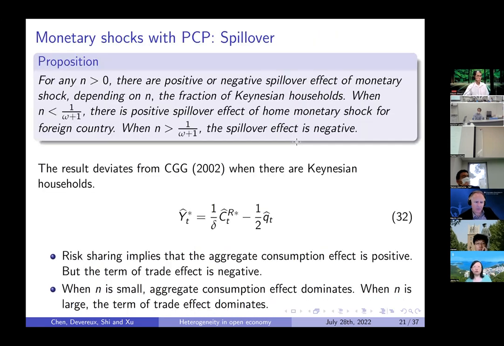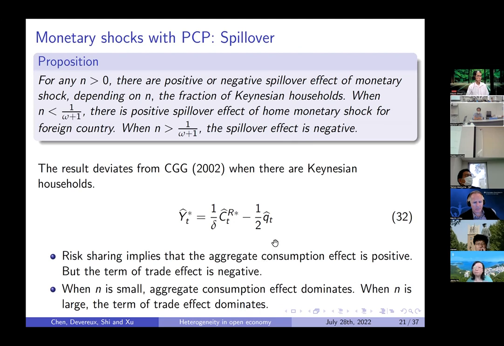Okay, so how about spillover? What we find is, again, there's a positive or negative spillover, and that is going to depend on n. Why? Because you can see from equation 32, this is the output in the case of open economy. And risk sharing is going to imply CTR is going to increase when we have an interest rate cut.